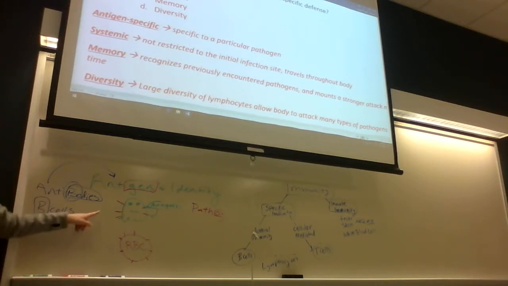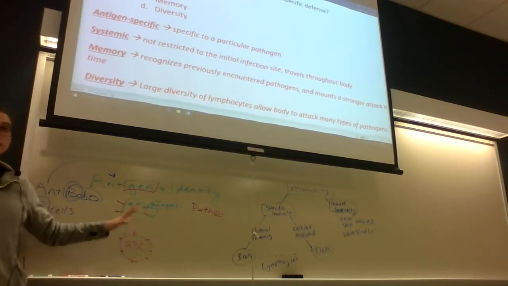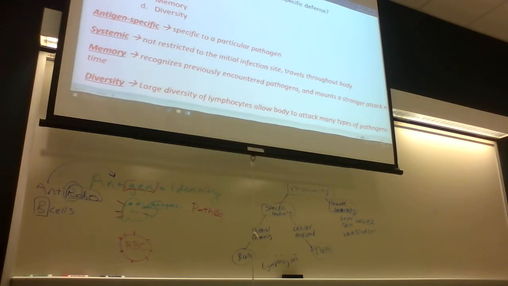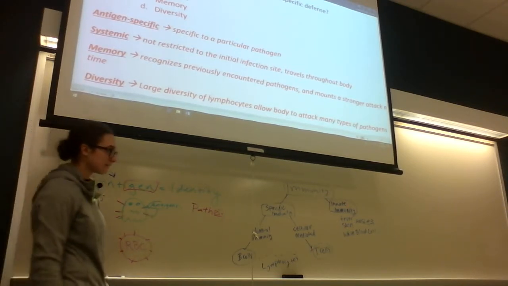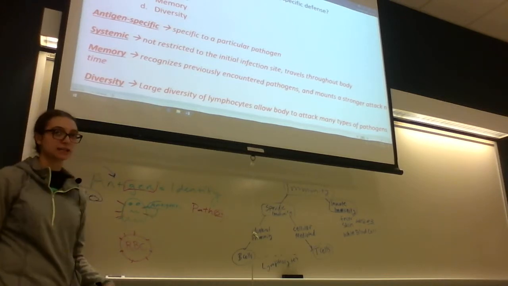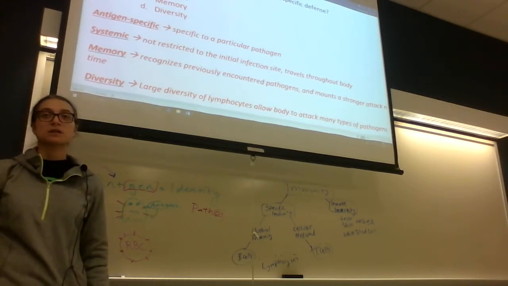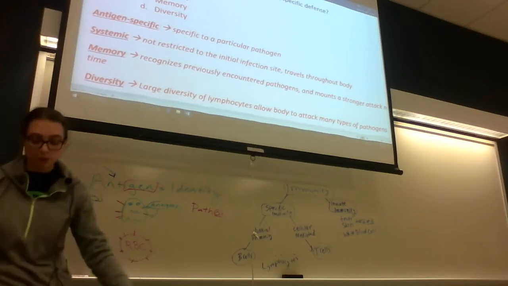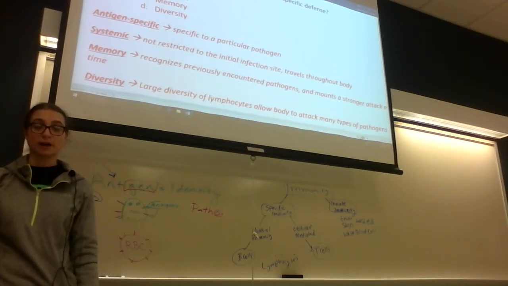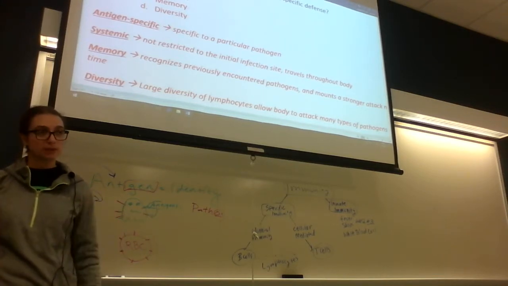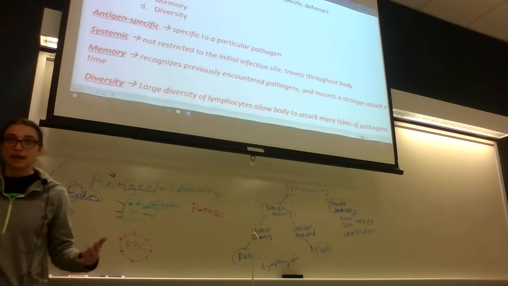The antigens are the identity, so it's specific to that. Systemic: the systemic portion of specific immunity has to do with your antibodies and your B cells. So humoral immunity, right? Your blood is a connective tissue. It connects your entire body. So it is systemic. Your immune system flows through your bloodstream and through your lymph capillaries.